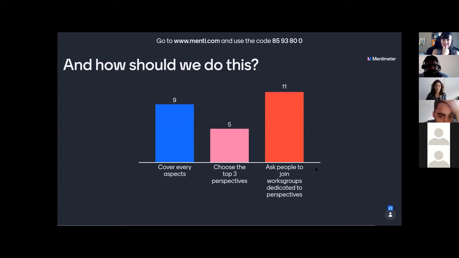Okay, as far as I see, it's almost at the same level now. The different work groups seem to be the top choice, but maybe it will change. Yeah, cover every aspect or more of the aspects, and then ask people to join work groups dedicated to different perspectives. In this way, we can cover every aspect, so they are not really contradictory to each other. So I think the majority of people would like to cover everything possible and then work on different perspectives as individuals or teams.